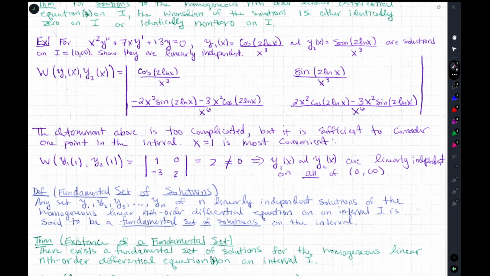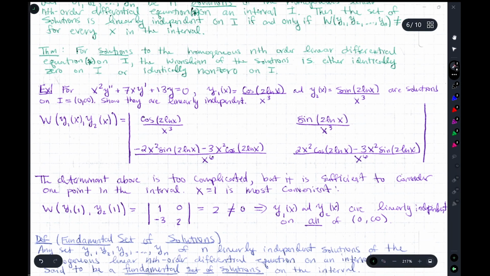So here goes a very important definition, that of the fundamental set of solutions. Any set y1, y2, y3, and again, you want to focus on that n there, of n linearly independent solutions. And how do you check they're linearly independent?